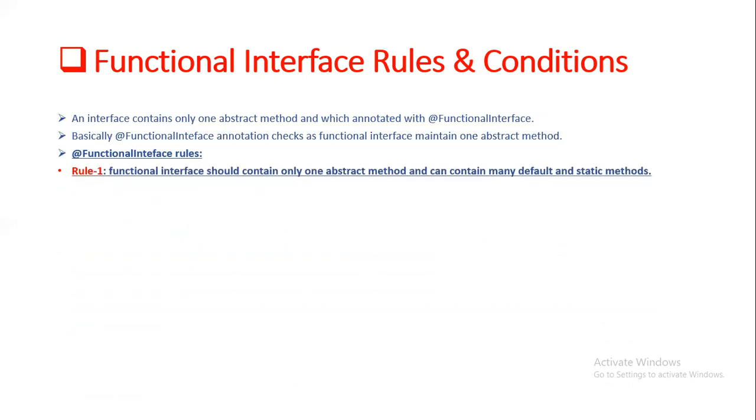Rule one: a functional interface can contain only one abstract method, but it can have more than one static and default methods. Come again: a functional interface should contain only one abstract method, but it can have more than one default method and static method.